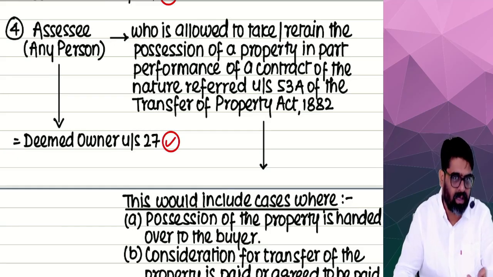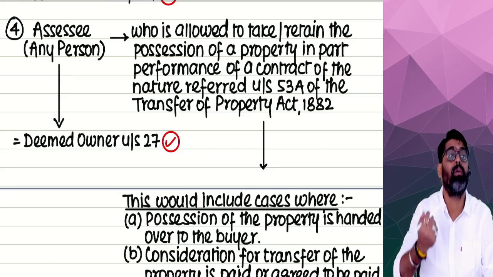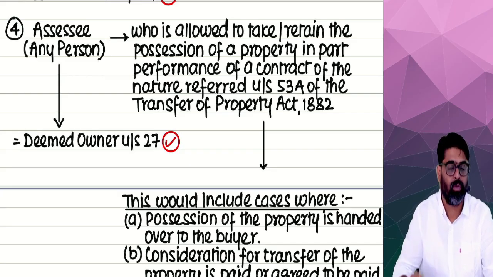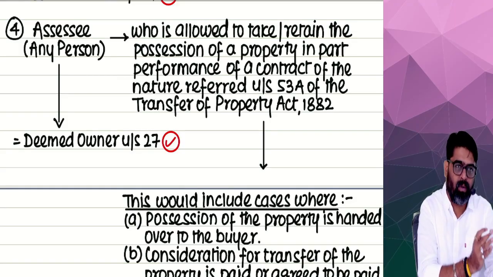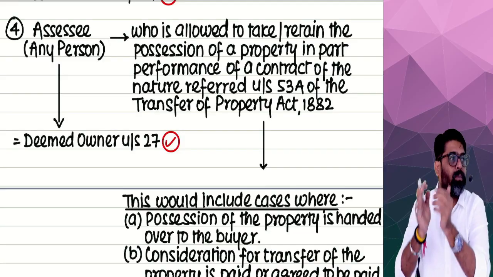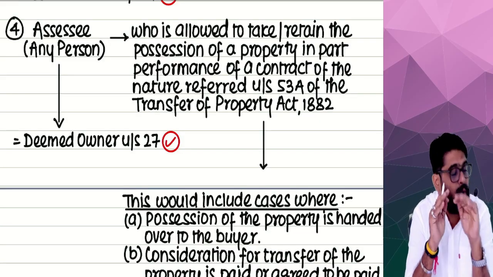And in that same sale agreement, there will be some part which as a seller I will have to perform. So in that sale agreement, some part has to be performed by the buyer, some part has to be performed by the seller.